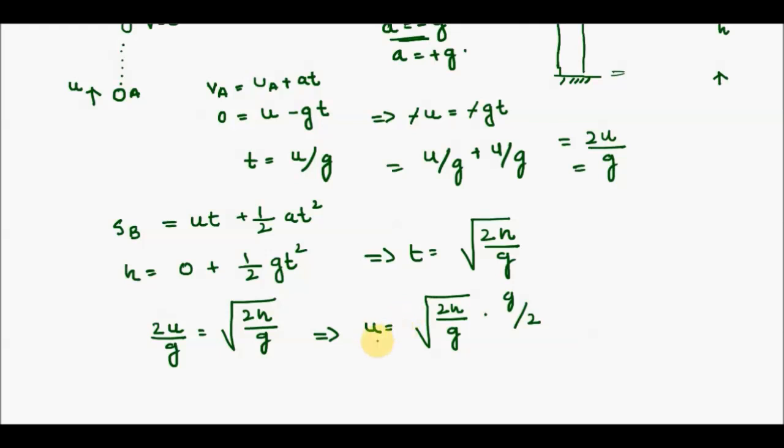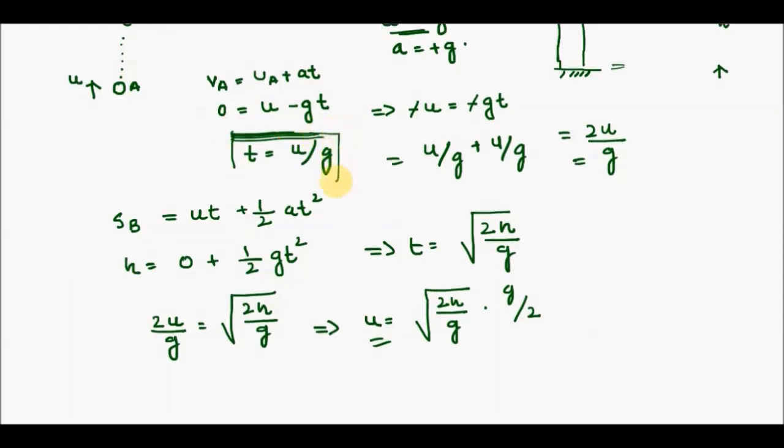So this is my u, or I can say my initial velocity. Now if I substitute the value of u in this equation, I will get the required equation which I have to calculate.